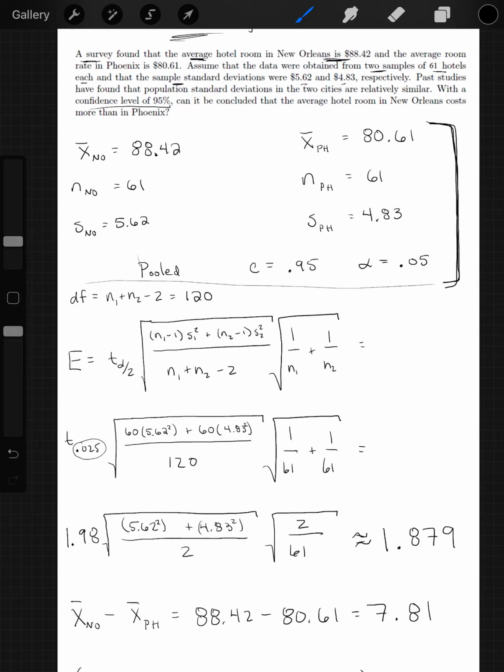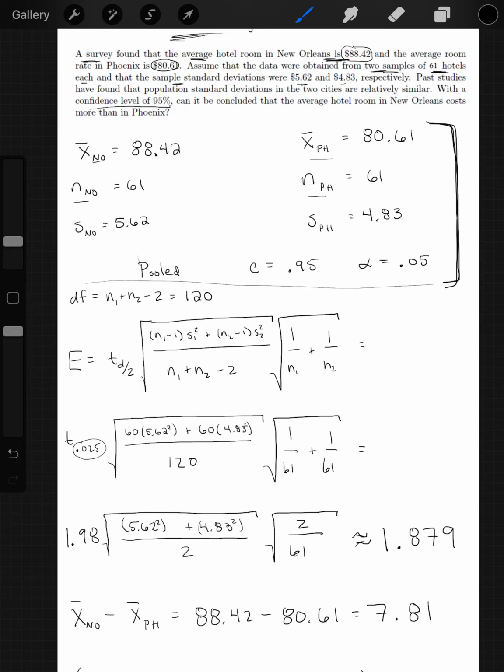So we know that this value must be the average for New Orleans. That's what the subscript NO means. And this value must be the average for Phoenix. That's what the PH means. This sentence says the 2 samples had 61 hotels each. So n of both of these is 61.